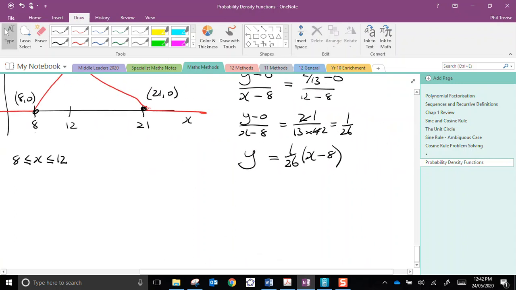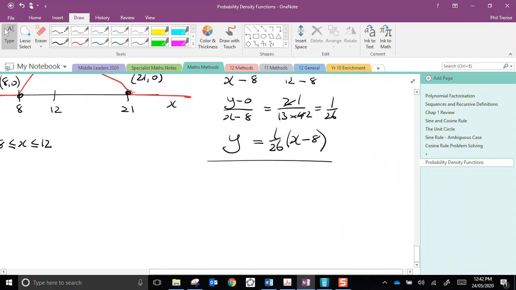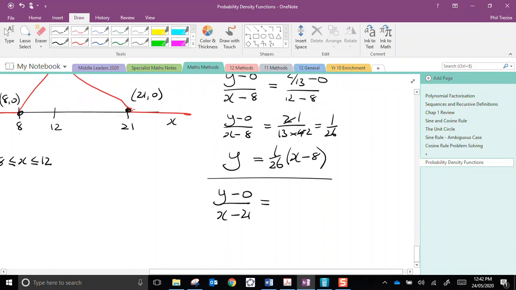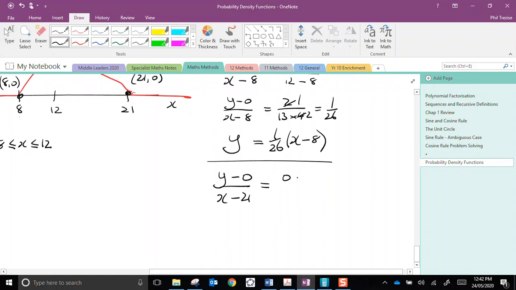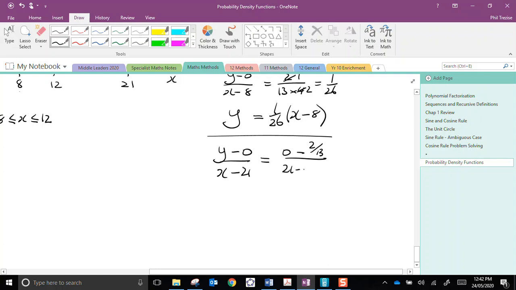Now we better do the next one. For the next one, what are we going to get? Well, we'll go y minus nothing over x minus 21. And what's our gradient? This time it's 0 minus 2 over 13 and 21 minus 12. So y minus nothing over x minus 21.